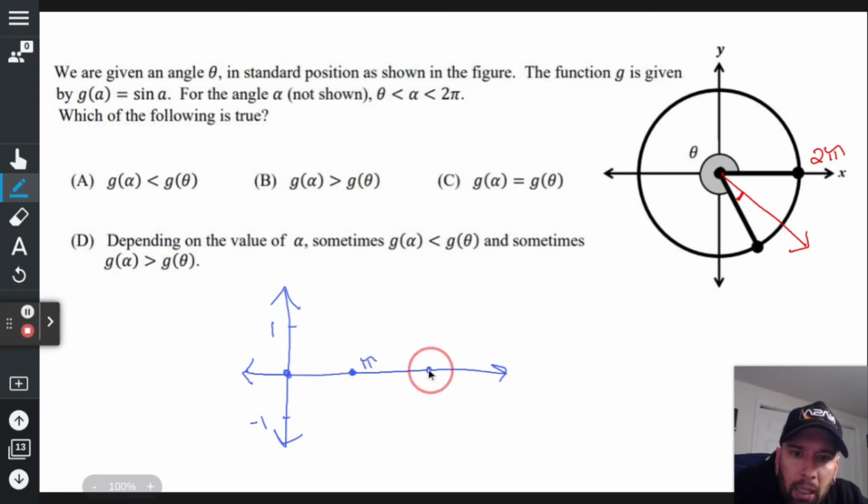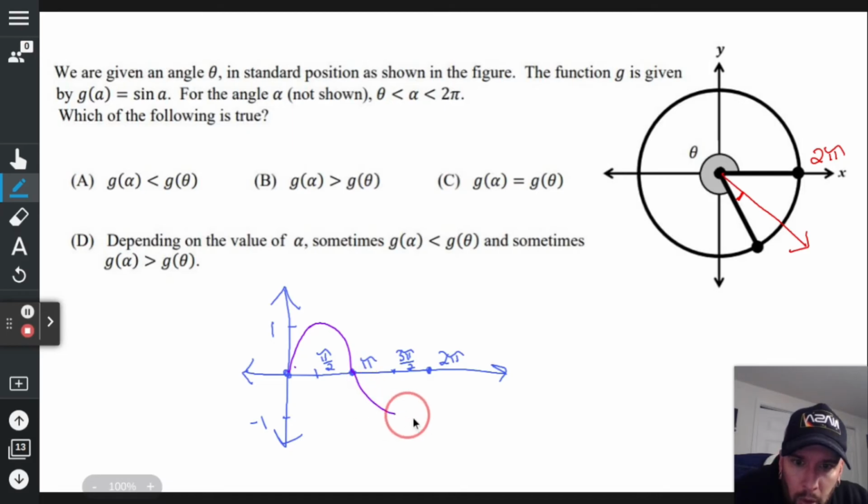It repeats itself at 2 pi, which means it peaks out at half a pi, and it bottoms out at 3 pi over 2. All right, so let me attempt to draw this out, which I'm always bad at. Not too bad if I say so myself.